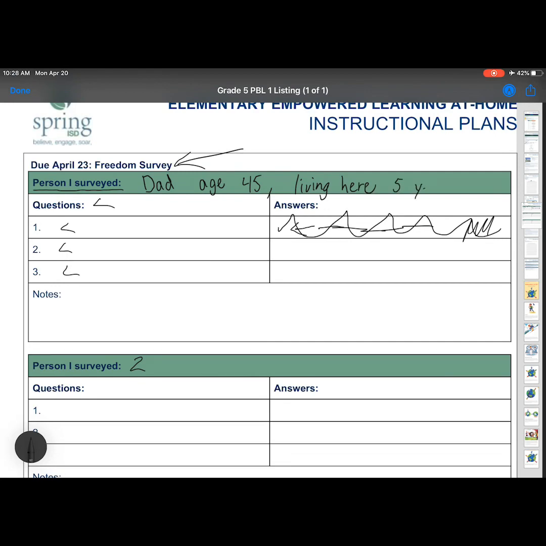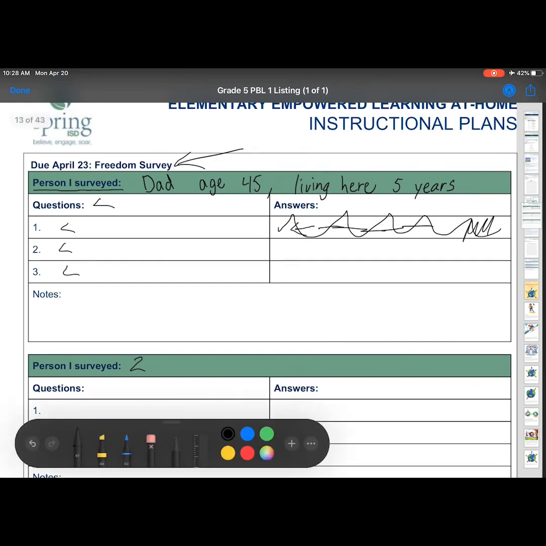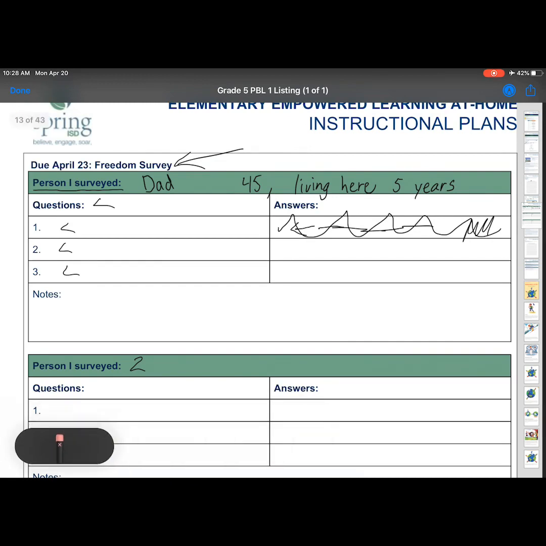You just want to put information that makes the person that you are surveying more interesting. If you just put that you asked Dad, that's fine.